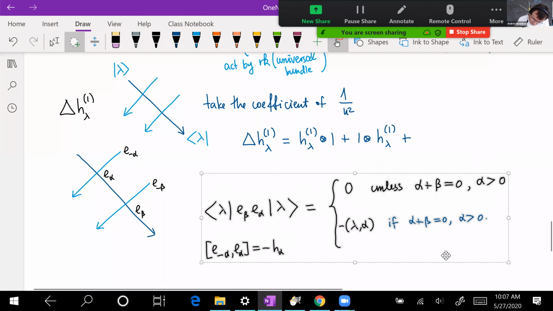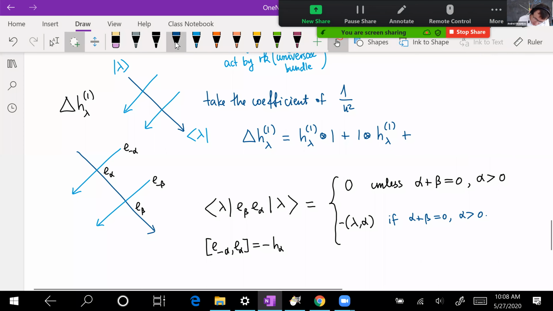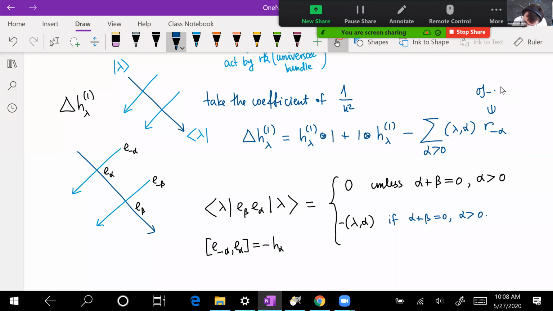So this extra sum I'm going to get here is a summation over alpha, with a minus sign, then lambda of alpha, and then R minus alpha, which is a canonical element in G minus alpha tensor G alpha.